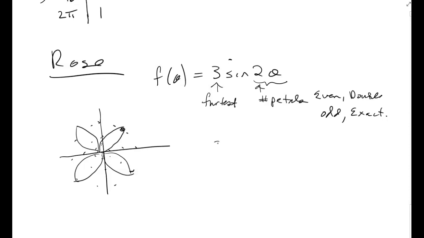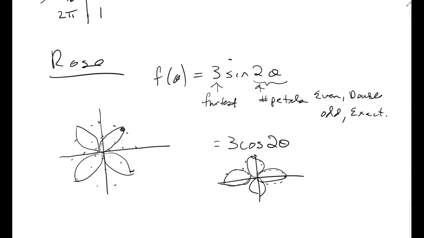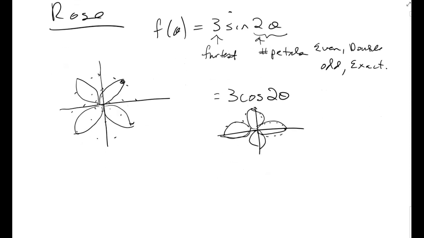Now, if I changed one little thing and turned it into a cosine, what that does is puts the petals around the origin as opposed to in between in the quadrants. So cosine graphs, the petals wrap around the origin, and on the other graphs, they're inside the actual quadrant.